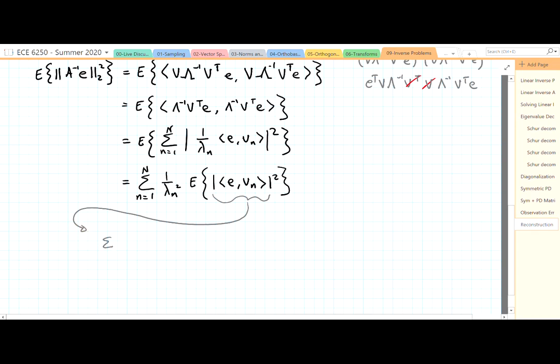It's going to be the sum from m equals 1 to n of Vn, and I'm going to put brackets to indicate the mth sample of that vector, times Em, the mth sample of that vector, and that's squared.